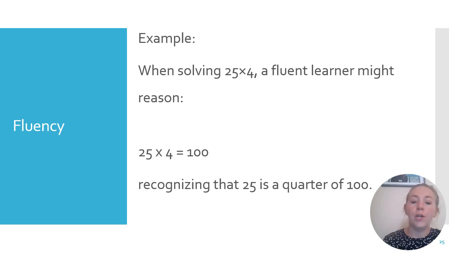So not only will they be able to quickly do the calculation, they will also be able to understand what they just calculated and then relate that to other contexts as well.